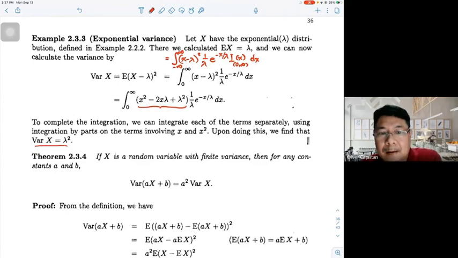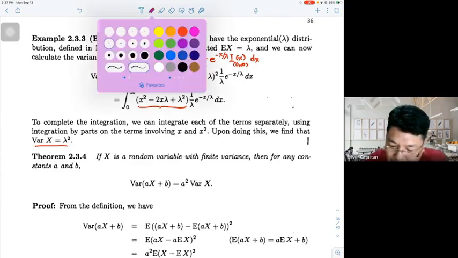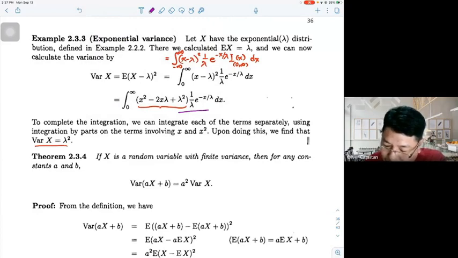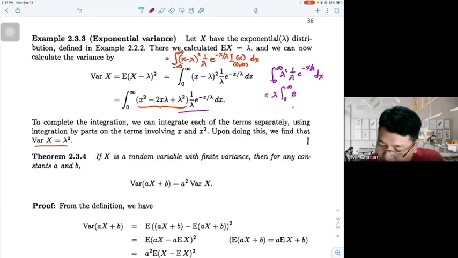Okay? Say for example, itong term na to. So we have there 0 to positive infinity, and then lambda will cancel out here. So, or say lambda squared, then we have here 1 over lambda e to the negative x over lambda dx.